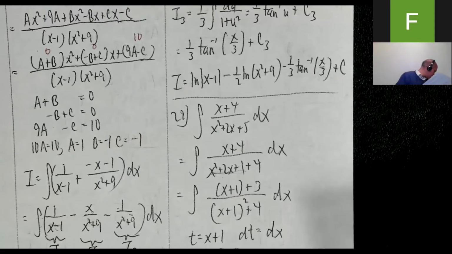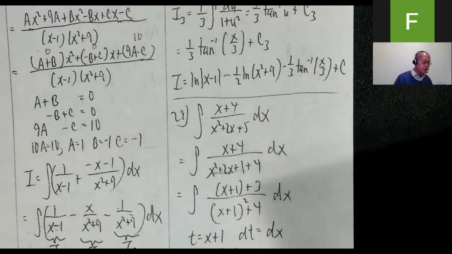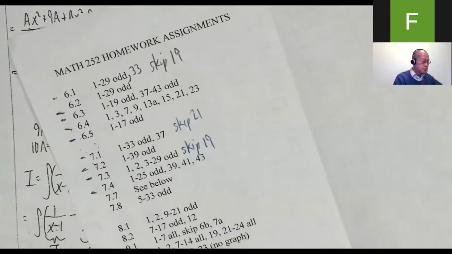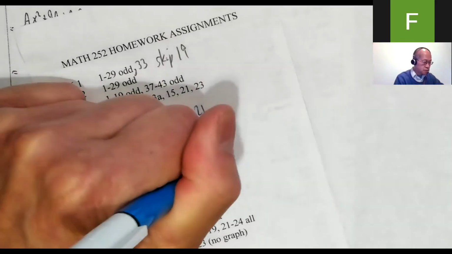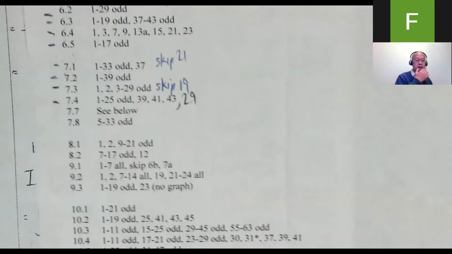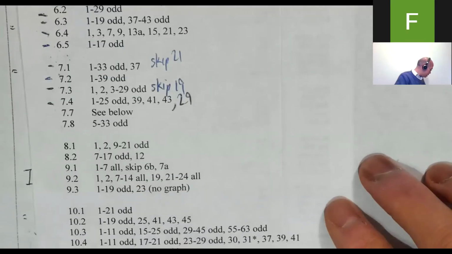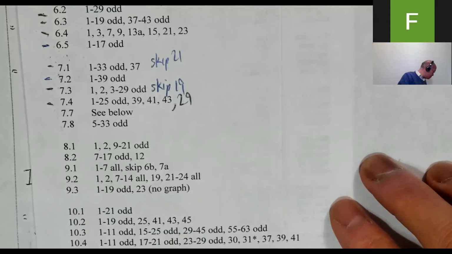I'm noticing it actually wasn't on our original list. Okay, so I'm going to put it in. So I'm putting in 29. And I'm about to set it up for you anyway.